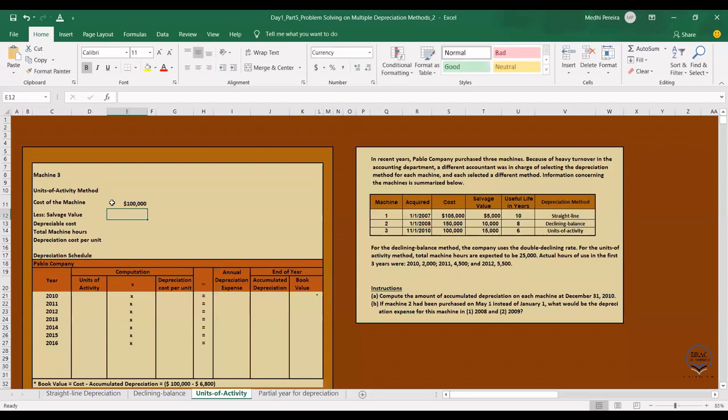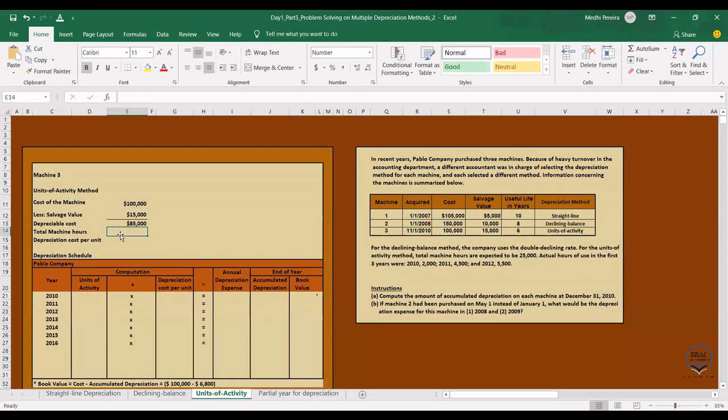Then we need to deduct the salvage value of the machine, which is $15,000. After deducting the salvage value from the cost of the machine, we have the depreciable cost, which is 85,000 here.